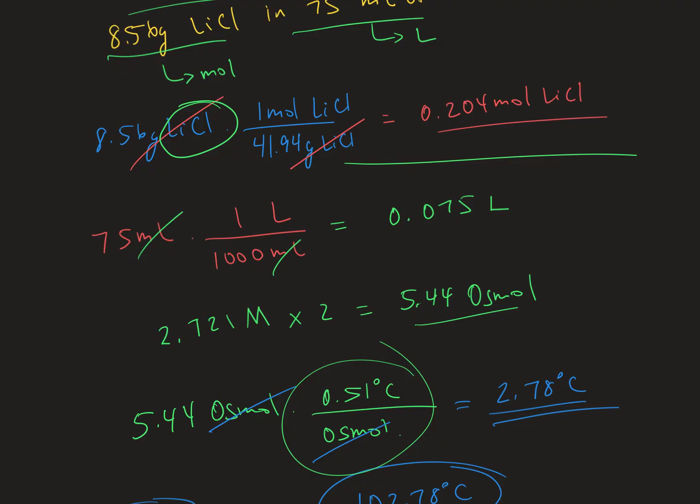It'll say it decreases by this many degrees per osmolarity, and they'll give you that. But it's the same, because we're not using an equation, we're using dimensional analysis. Yes, same.